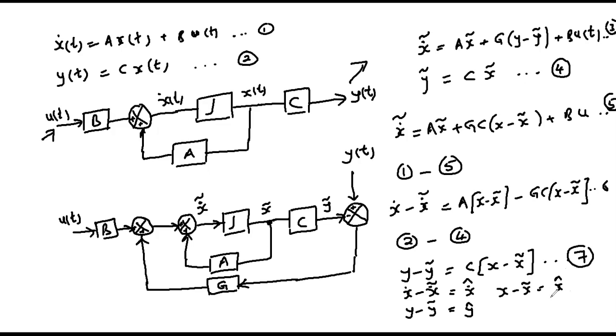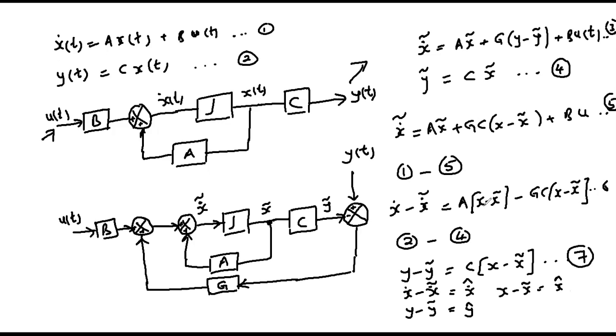If we do so, then we can write equations 6 and 7 as follows: x derivative hat will be equal to A x hat minus GC x hat.